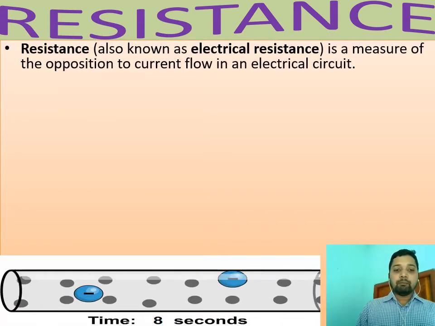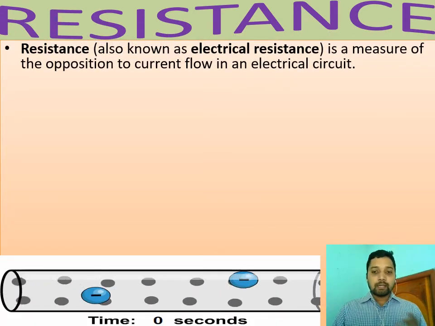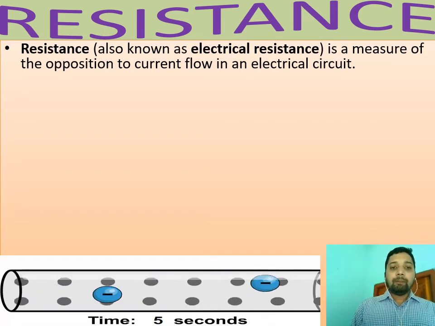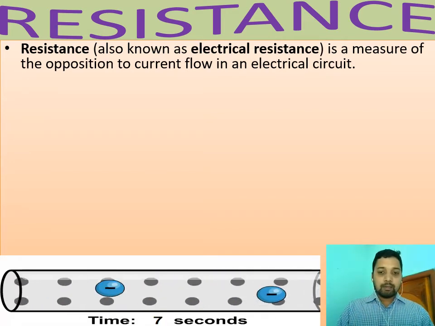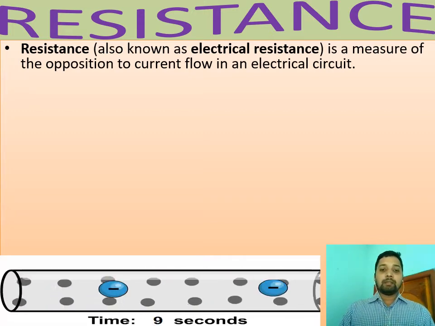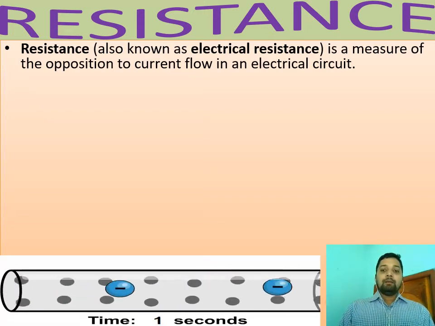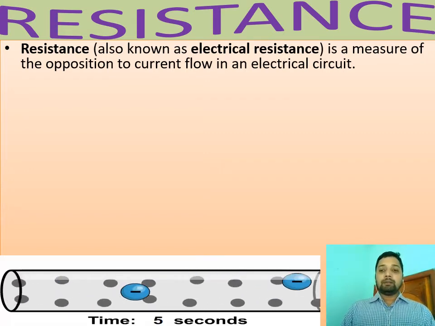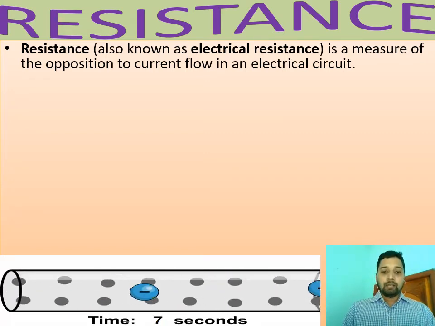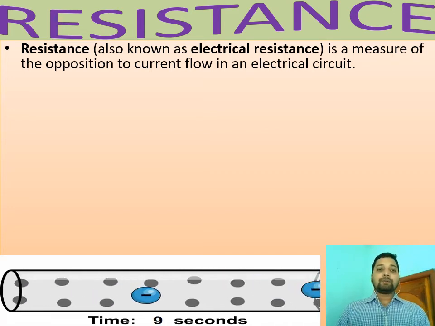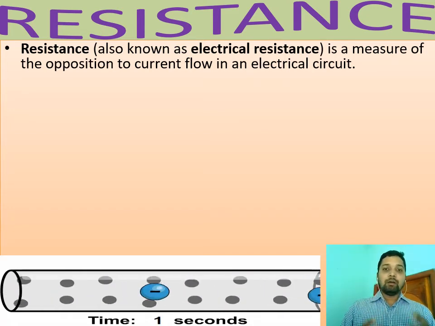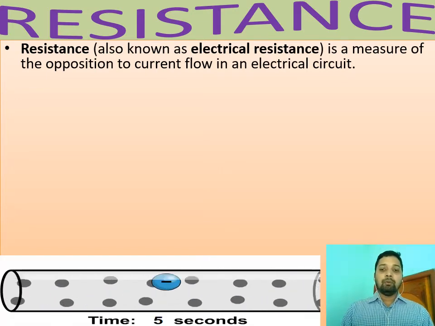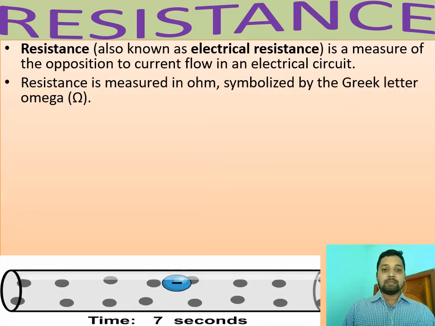Whenever particles move from one side to another, one electrode to another, because of the collision between the particles, the obstruction given by the free electrons present in the metal, or the nucleus of that particular substance, we get resistance. Resistance is how much a particular substance opposes the flow of current. That is what you can call resistance.